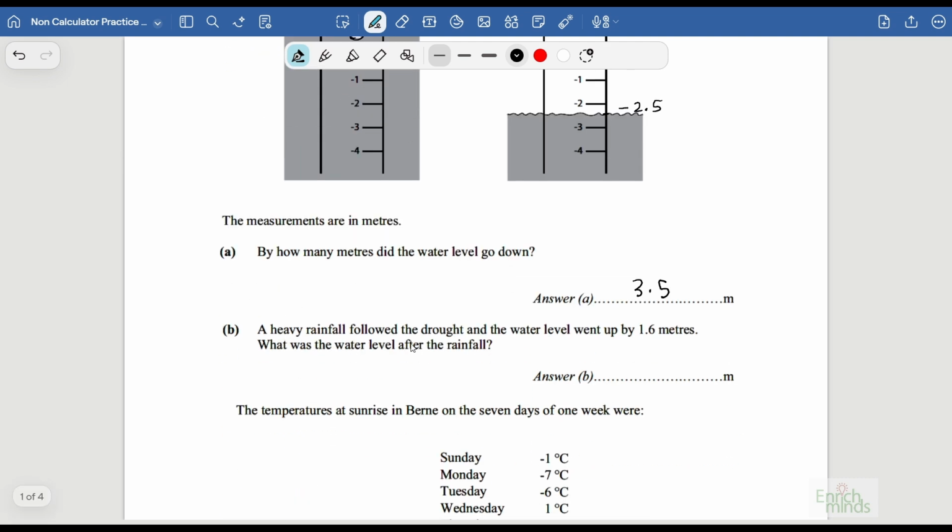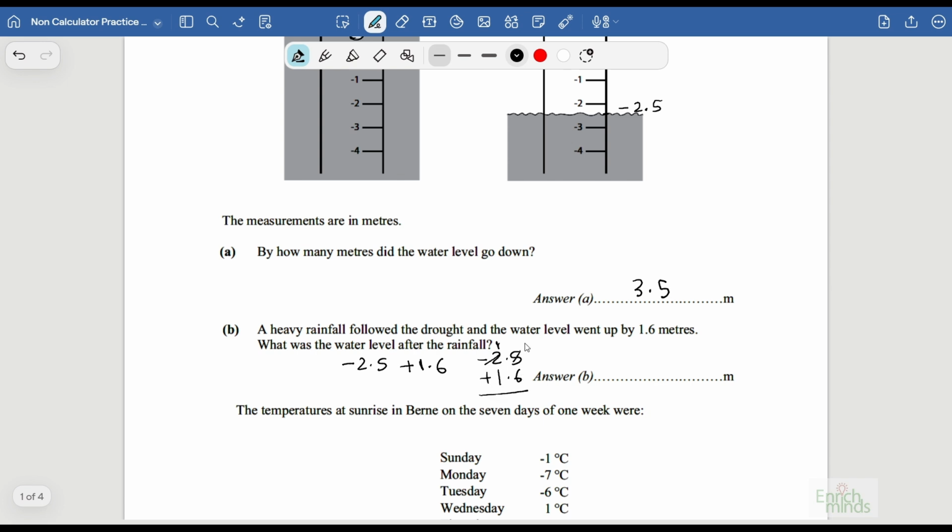A heavy rainfall followed the drought and the water level went up by 1.6 meters. What was the water level after the rainfall? So now it's at -2.5. It went up by 1.6. So you add 1.6 to -2.5 to find the new level of water after the rainfall. One of them is positive and another is negative, so we have to subtract them.